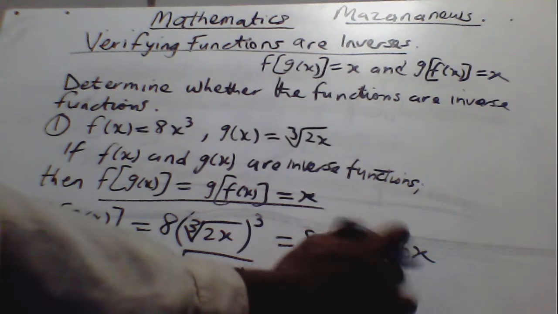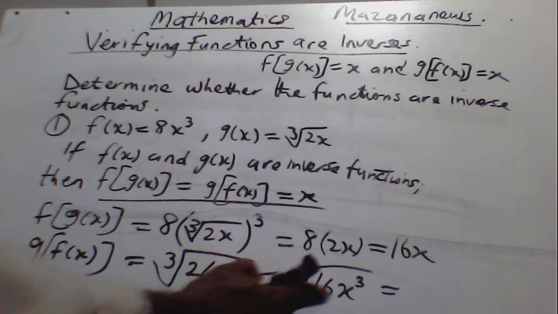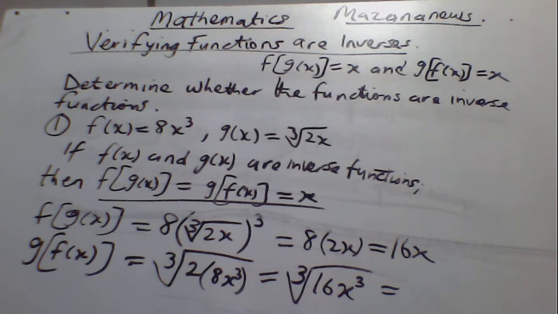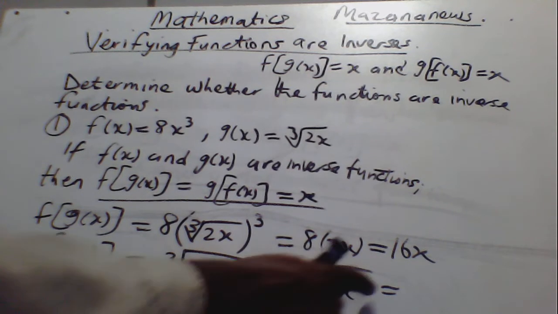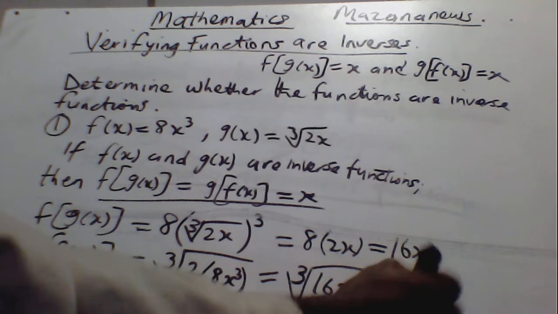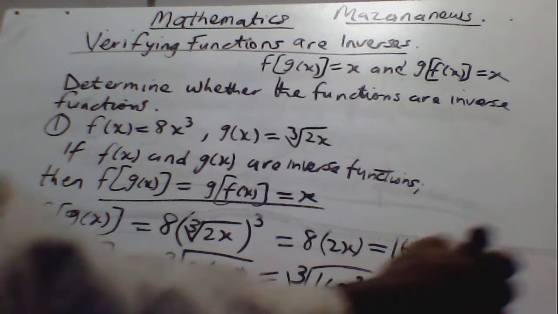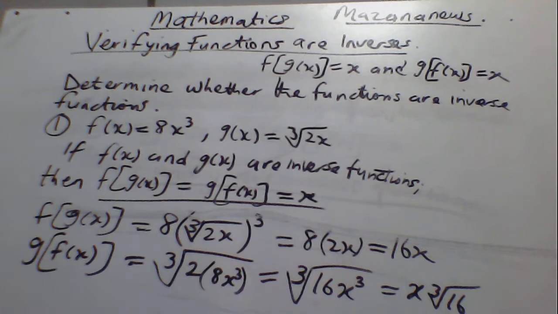If you simplify this, 4 raised to power 2 is 16, 2 raised to power 4 is 16. So there is no simplification of 16 here. Only the index of the radicand will be cancelled out to give us x times the cube root of 16. So looking at them, they are not equal.